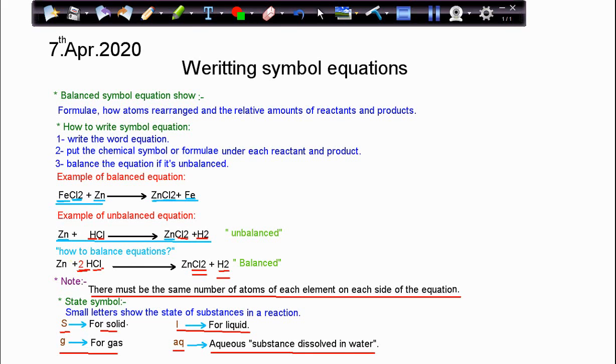Then we have to balance the equations. If we want to show the state of substances, we have to use the state symbols, which are small letters, to show the state of the substances in the reaction. So this was all about writing symbol equations.